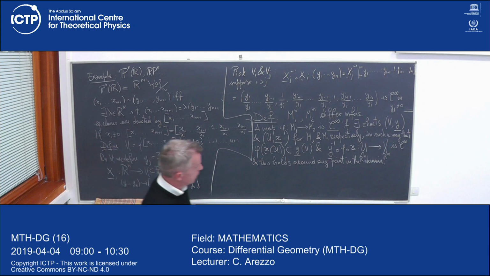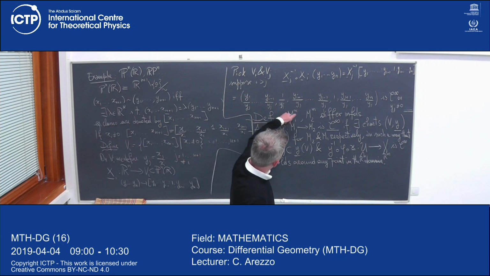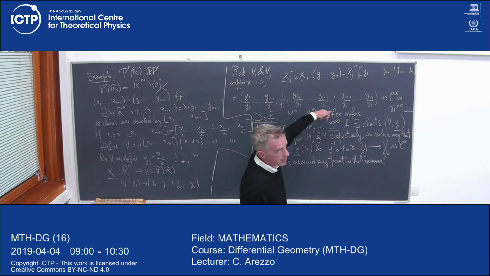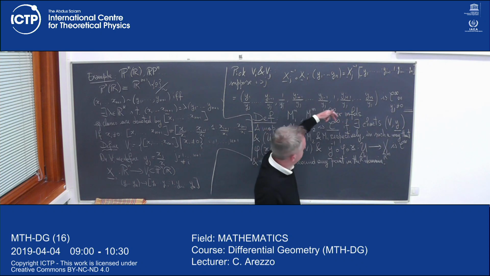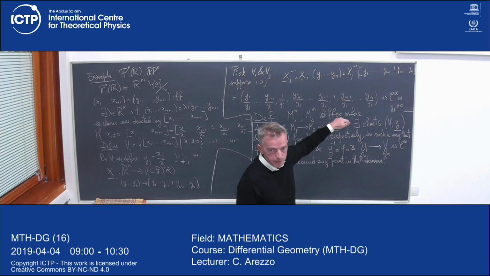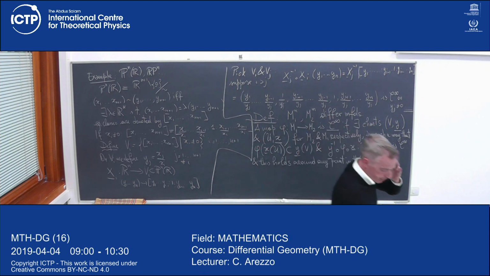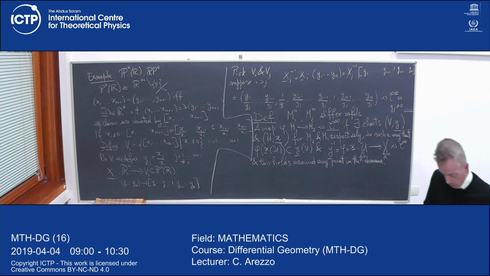So the smoothness of a function seems to be a mysterious thing, because you say I have to prove that there exist two charts that maybe are very special, and then you immediately realize that if it happens for one choice, it happens for every choice. Okay? So in fact, it's very easy. You can pick your favorite chart of anything and you check if the function is differentiable or not.